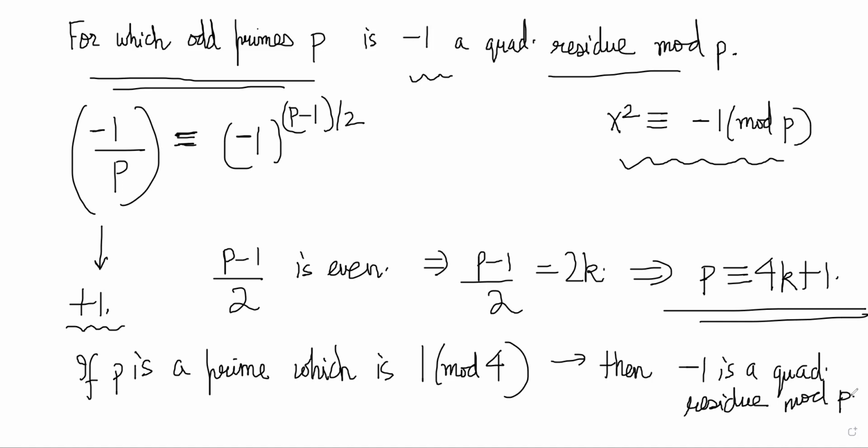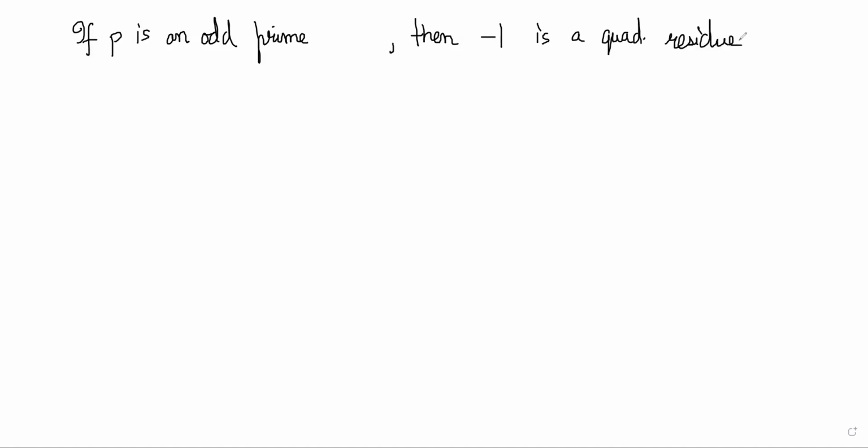So we have found that if P is an odd prime, then minus 1 is a quadratic residue mod P if and only if P is equal to 4K plus 1 or P is congruent to 1 mod 4.